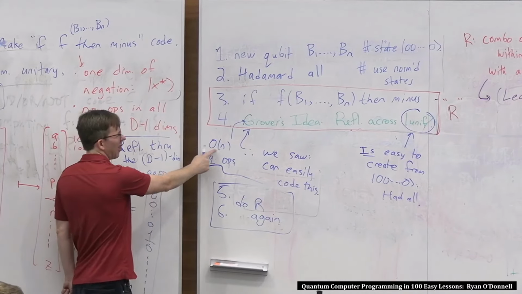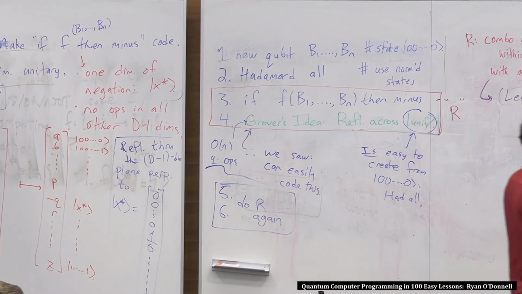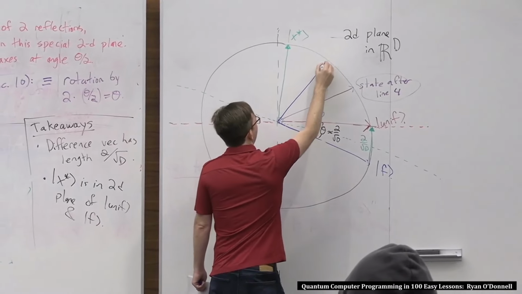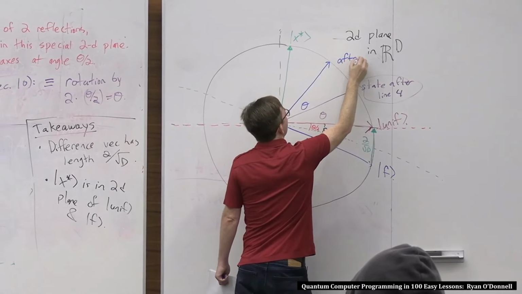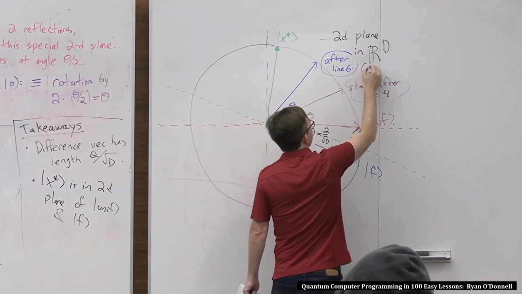Every time we do R, it's order n operations. Well, I'm telling you, it'll rotate by another theta. So this is after line 6, or after 2 R's, if you will.